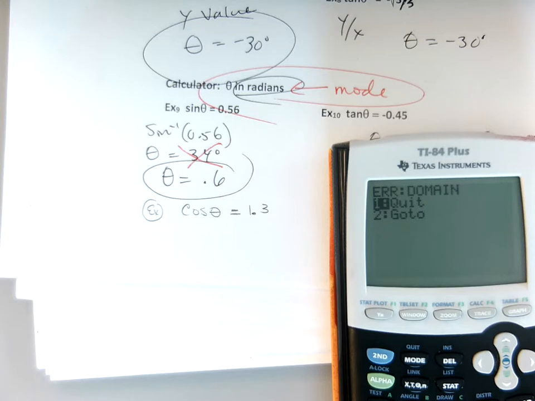Well, if cosine's the x, right? What's the furthest x value you get? It's 1. So this 1.3 is outside. So no solution? Yep. And the calculator told me that, didn't it? It said quit. And that's it. It's over, but I didn't put a backside to it, so we're done, right?